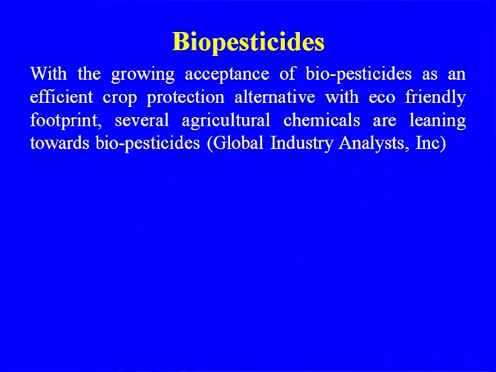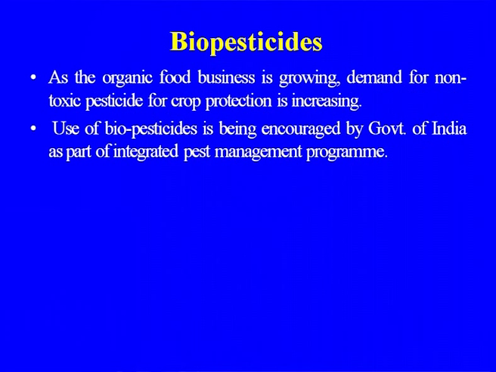With the growing acceptance of biopesticides as an efficient crop protection alternative with an eco-friendly footprint, several agricultural chemical companies are leading towards biopesticides. As the organic food business, now we call it organic food, is growing, demand for non-toxic pesticide for crop protection is increasing.